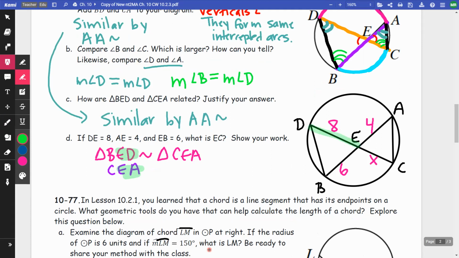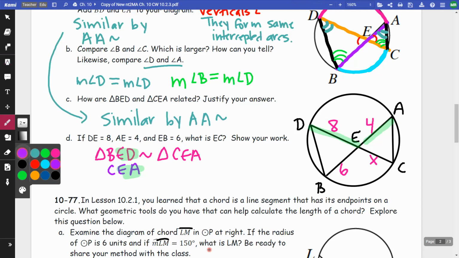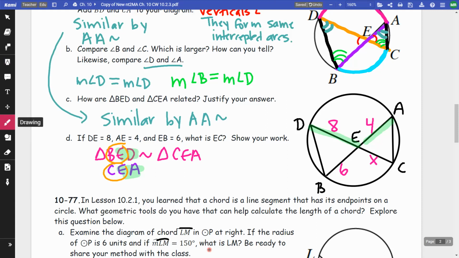So DE and EA are corresponding ones. When I'm looking at BE, so I'll circle that since I've already drawn in the other color, this is BE. So that's going to match with CE. So BE is going to match with CE in terms of corresponding. So those are corresponding sides.